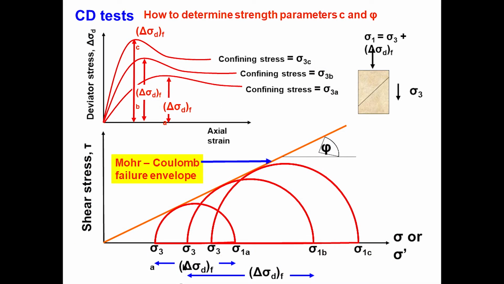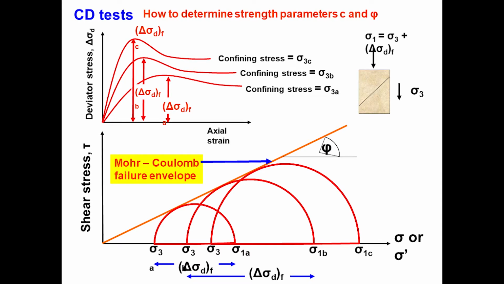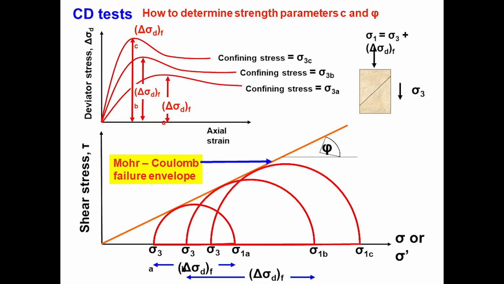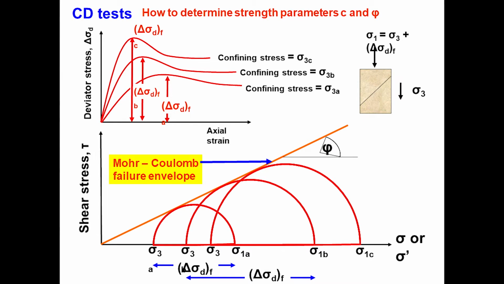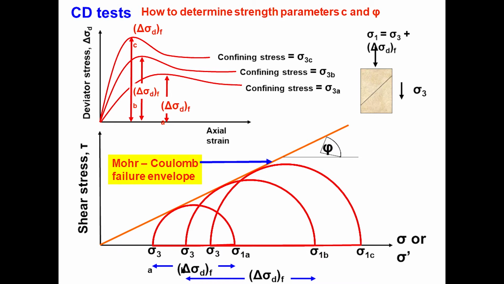So how do we determine the strength parameters C and phi? The Mohr circles are drawn for the test at three different all-round pressures, which give different shear stresses. Then draw the circles and the Mohr-Coulomb failure envelope, which should touch all three circles.